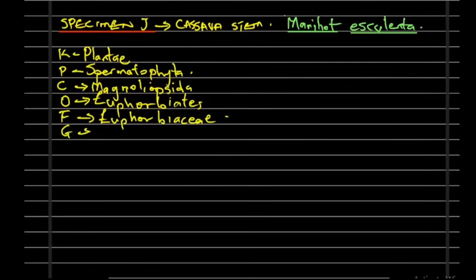And the genus is Manihot, while we have the species to be esculenta. So those are the classifications that we have for this particular plant.